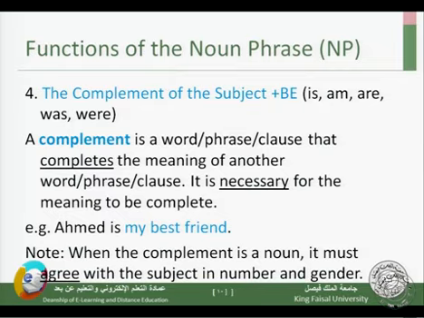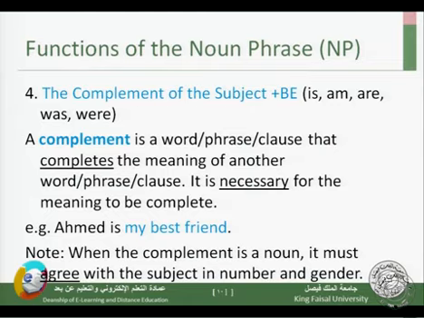A complement, we will define complement here. We mentioned it a few times previously in this lecture. Now we will see the definition of a complement. A complement is a word or phrase or clause. All three are possible to be complements. It completes the meaning of another word, phrase or clause.